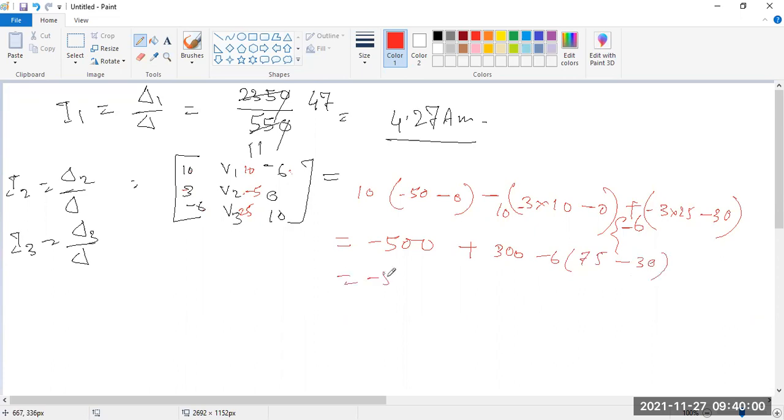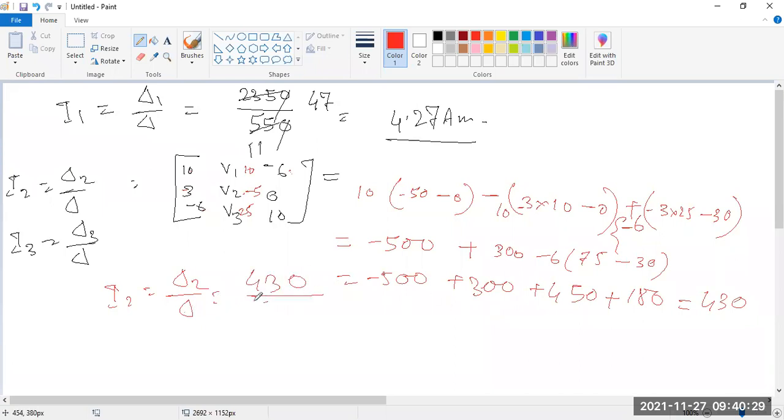So it will be coming minus 500 plus 300, and then plus 450, and plus 180. Ultimately, if you add this, it will be coming 430. So delta 2 means I2 is delta 2 by delta. It is coming 430 divided by delta 550. So it will be coming actually 0.78 ampere.